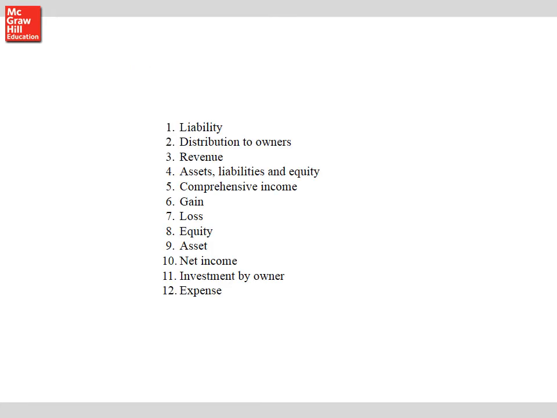Let's go to exercise 1-6, which now for each of the items listed below, identify the appropriate financial statement element or elements. What are each one of these? And there's our answers. So let's take a look at each one.